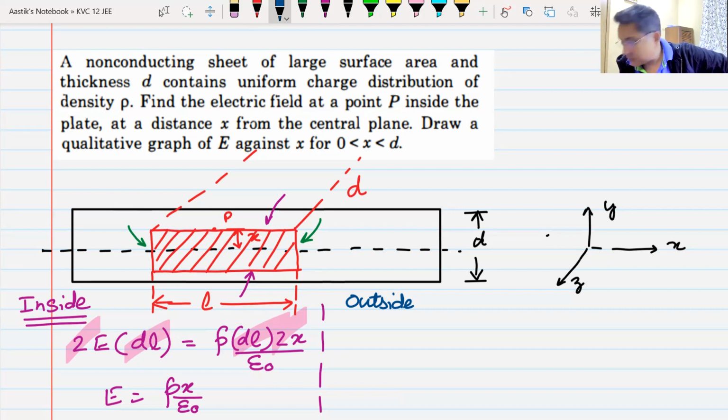Yes, outside points. I'll give you 1 minute to tell me the answer for the outside point.